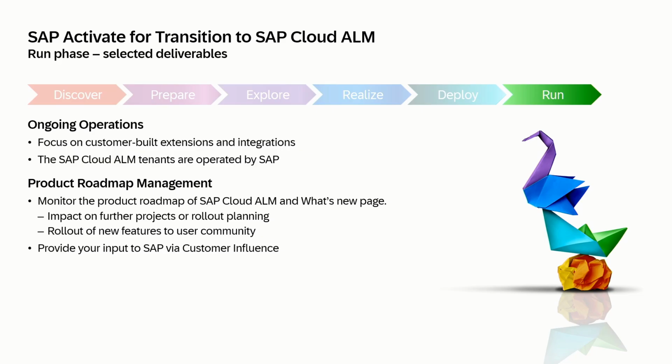That's basically describing how to set up a process to regularly monitor the product roadmap of SAP Cloud ALM and also the What's New page. So to understand, is there functionality coming which has an impact on my end users, or a positive impact because it's additional functionality, or if there is functionality announced which has somehow an impact on my further project or rollout planning.